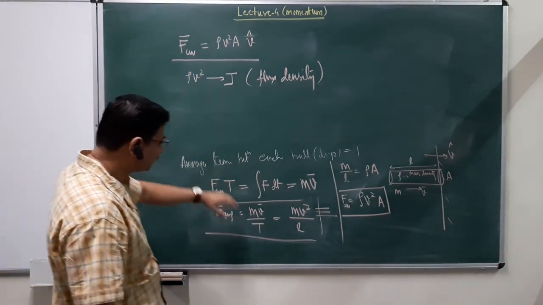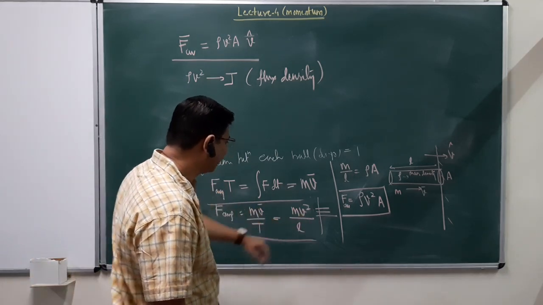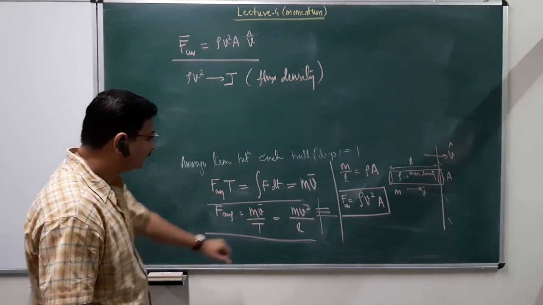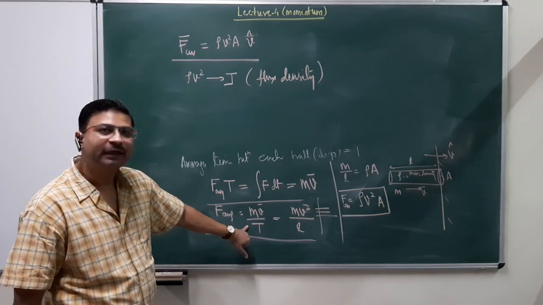Of course, what we can also do is look at this equation. Average force is mv square over L, right? And we can see that this is nothing but momentum transferred per unit time, right?